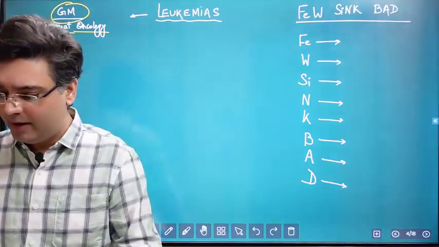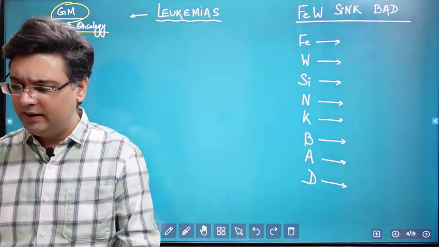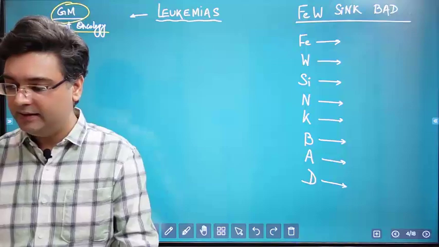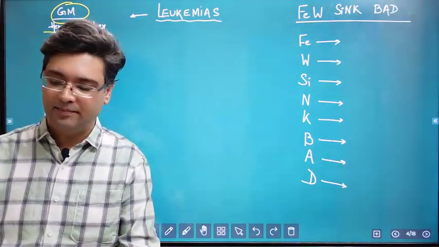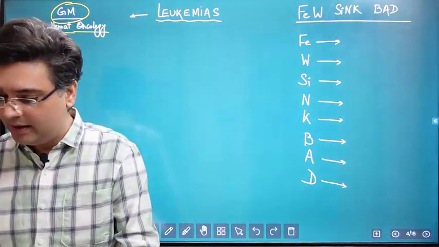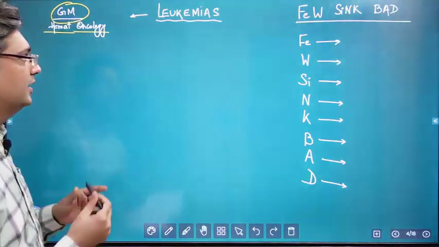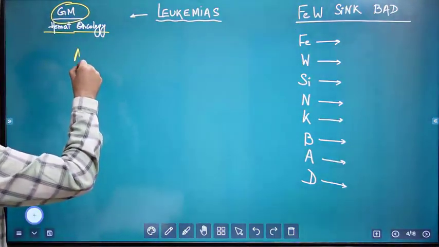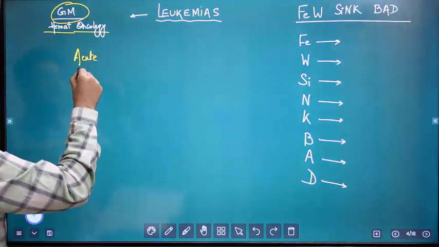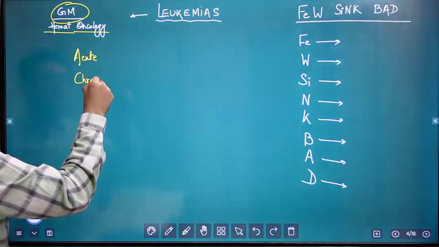So if we talk about leukemias, they basically represent a set of malignancies of the hematopoietic stem cell derivation, and these can be classified according to the clinical course. They can be classified as acute, and they can be classified as chronic.